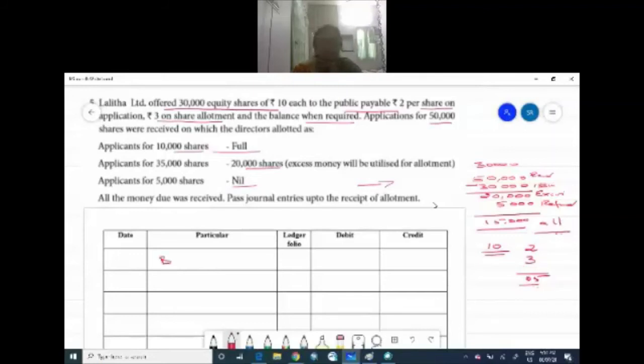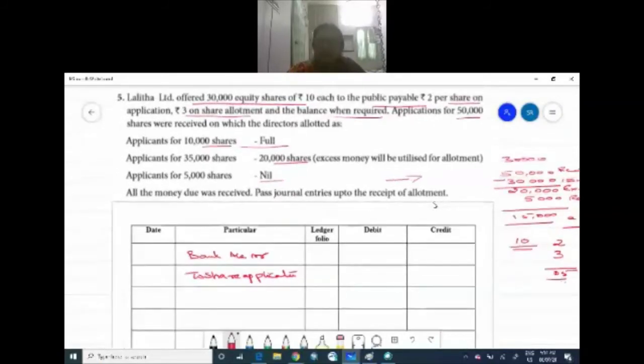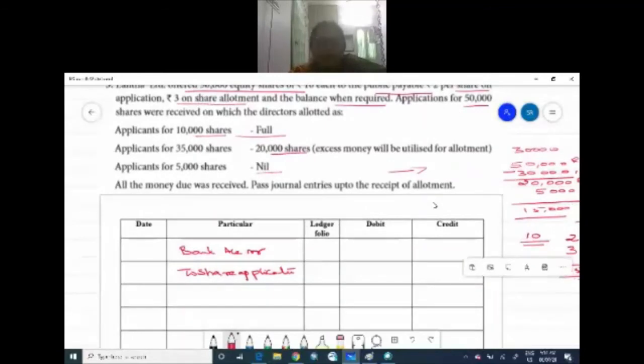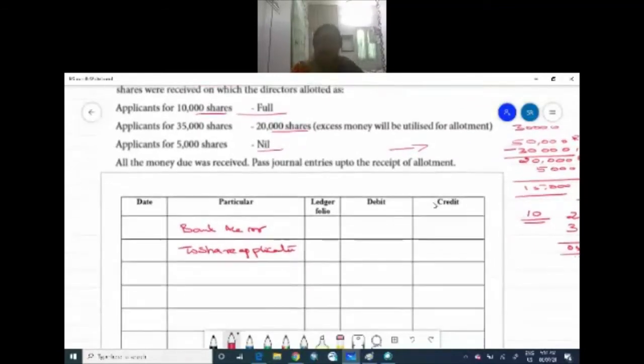The first journal, bank account debit to share application. I'm just making it big so that you can view. So how much is actually going into the bank? 50,000 shares' money is going into the bank. And what is the application amount? Application amount is rupees 2. 50,000 into 2, so that comes to 1 lakh.